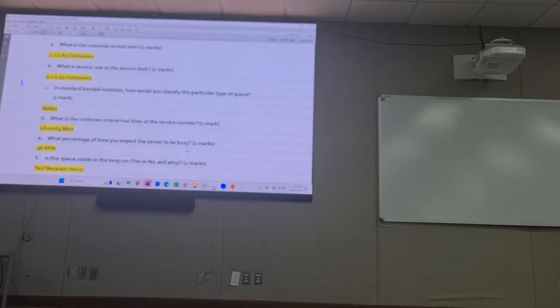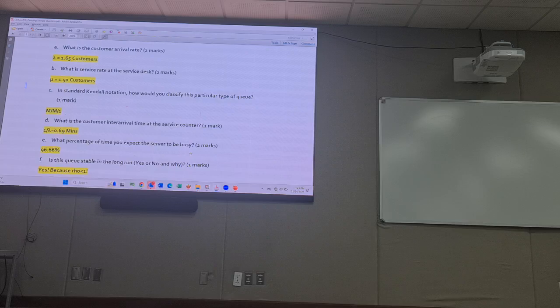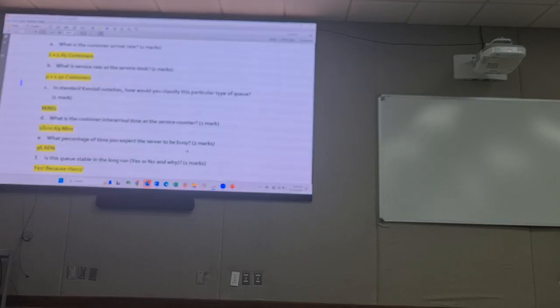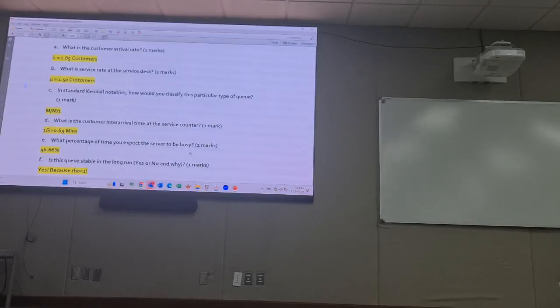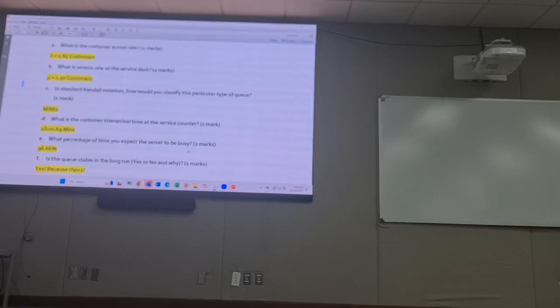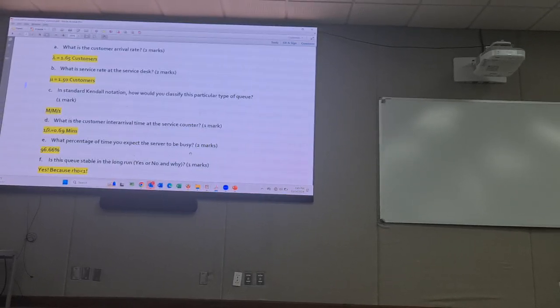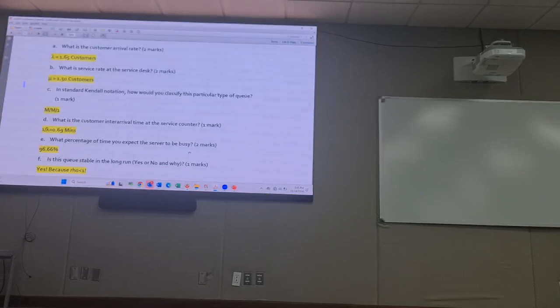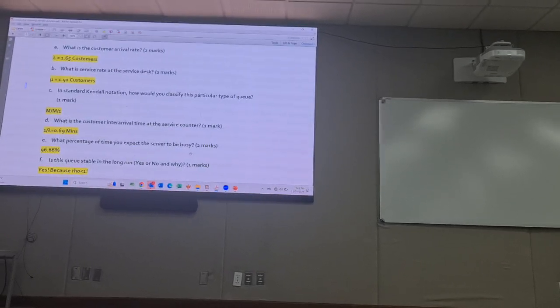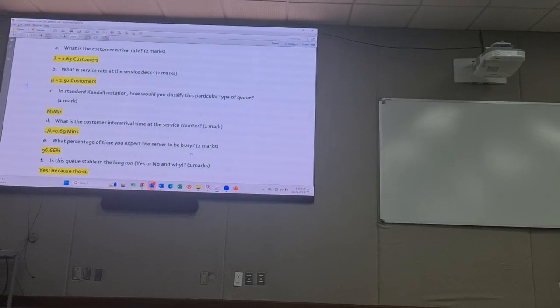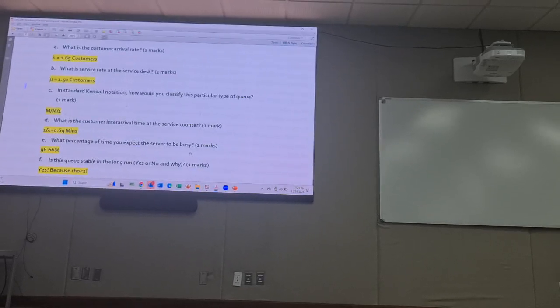I told you rho is the percentage of time the system is busy. So instead of asking you for rho or utilization, I'm just asking what percentage of the time the system is busy. It has to be one of the same thing. You just have to have your common sense up. And the formula for that is lambda over mu.